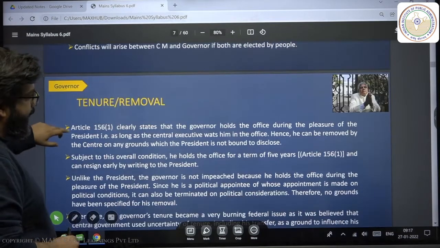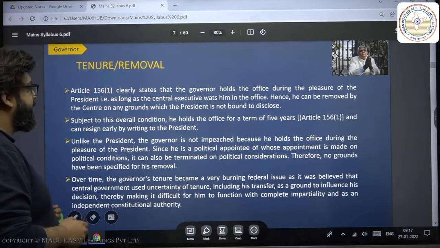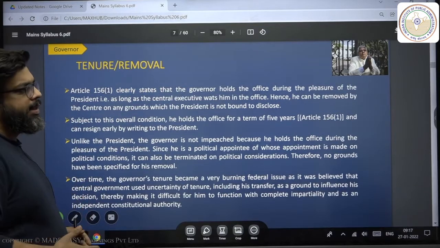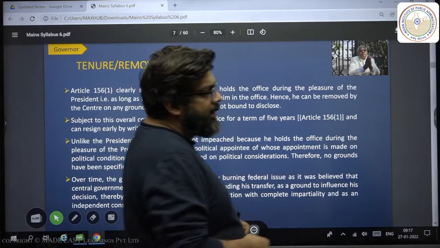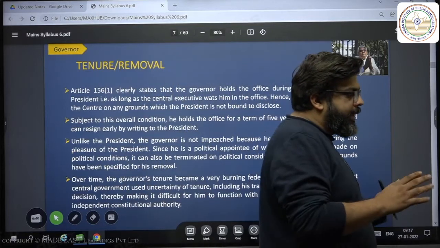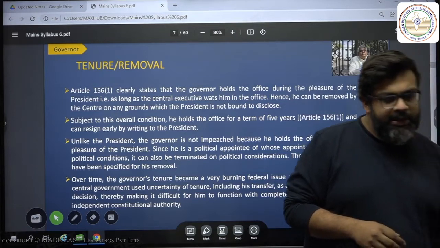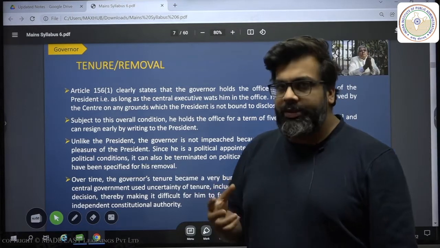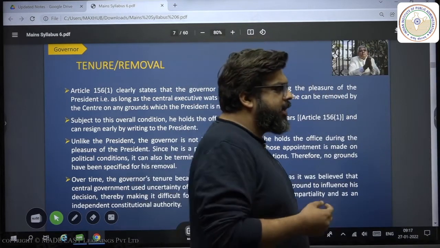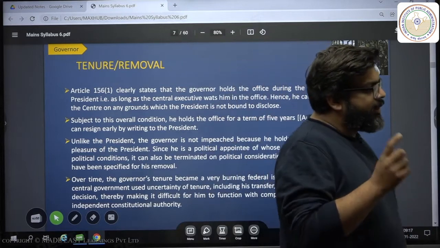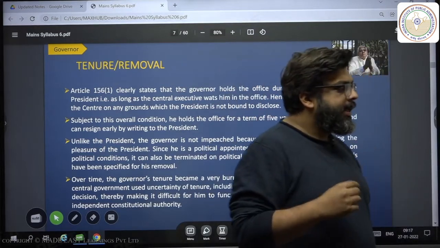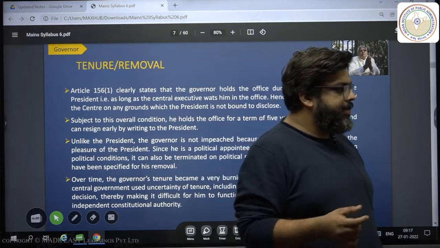Now, when we look at the removal, we've discussed the broad areas. Now let's get into a little bit of analysis. Ever since the paper has changed from 2013 onwards, I haven't seen a specific question on governor. That's also largely to do with the fact that the term governor per se is not mentioned in the syllabus.